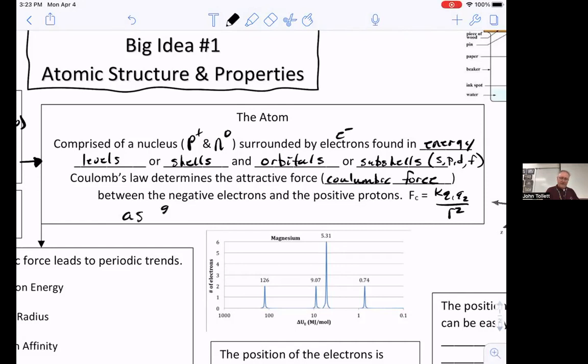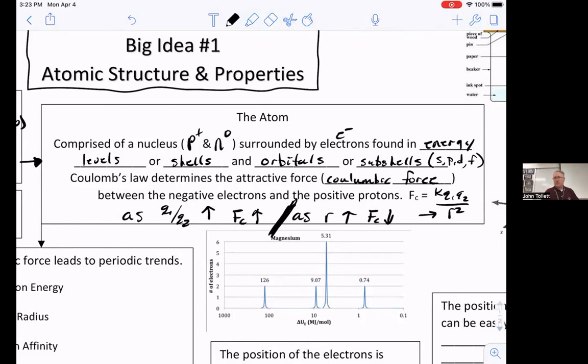As Q1 and Q2 increase, that Coulombic force is going to increase. And as the radius increases, the actual force is going to go down, right? So I've got two different things happening here. If I'm adding to this denominator, making it larger, the Coulombic force is going to be smaller.